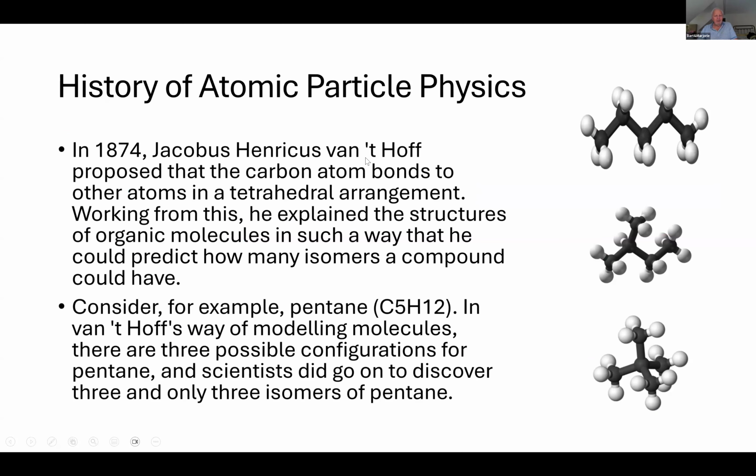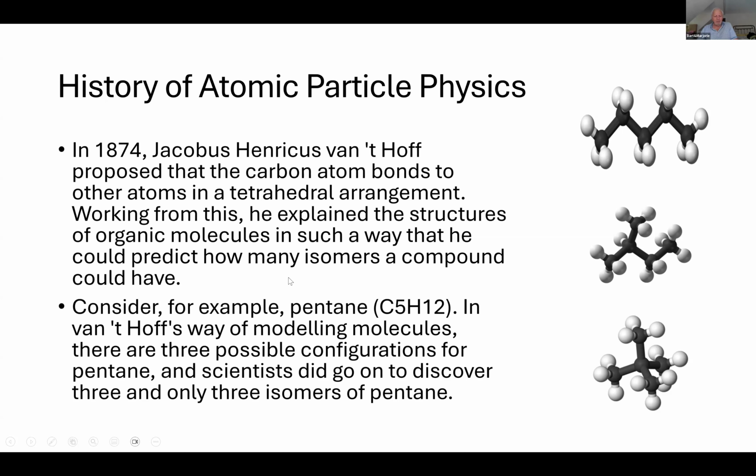In 1874, van 't Hoff proposed that carbon atom bonds to other atoms occurred in a tetrahedral arrangement. There were 4 bonds for every carbon atom. And working from this, he was able to explain the structures of organic molecules and predict how many isomers a compound could have.